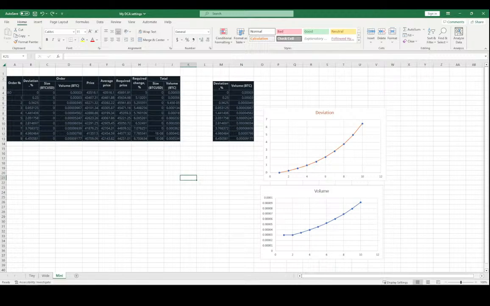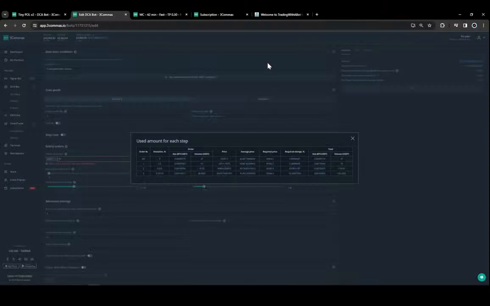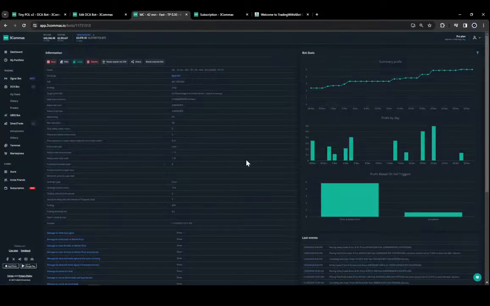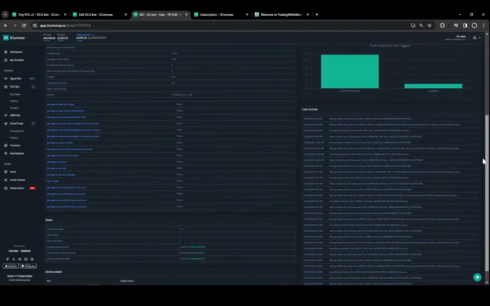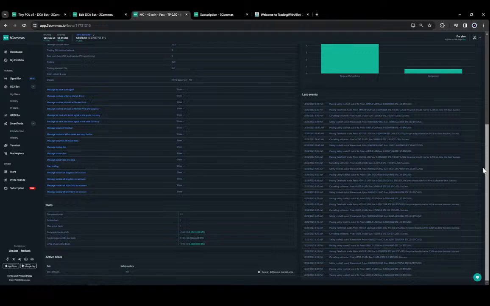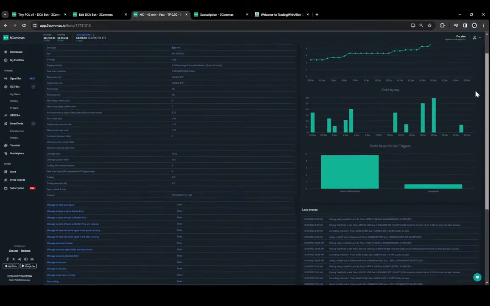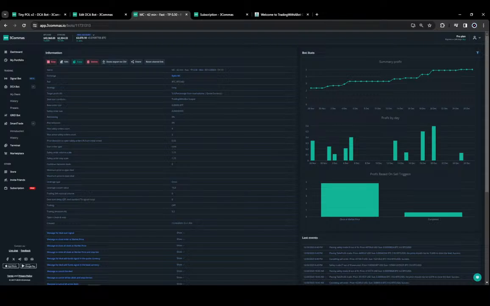So the mini one, when we have good price action, when the price action is not choppy but more or less in one direction, either bullish or bearish, is accumulating the size quite close to the base order. So for example, this bot that I'm showing now on my screen is trading Bitcoin. Again, it's 0.25 from the base order.